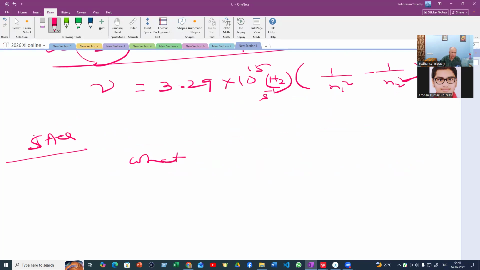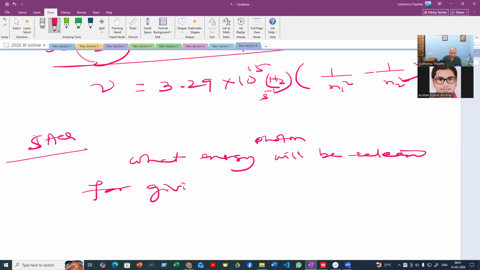What energy of photon will be released for the third line of the Balmer series in the hydrogen spectrum?